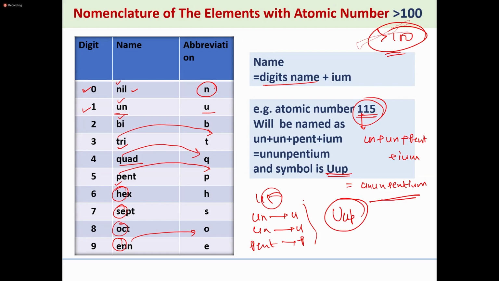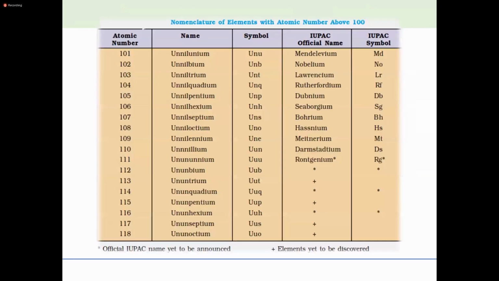So in this way, we have to know the naming of the elements which have an atomic number greater than 100. Here there are elements with atomic numbers from 101 to 118, greater than 100. Here we can see the naming and the symbol of each element.